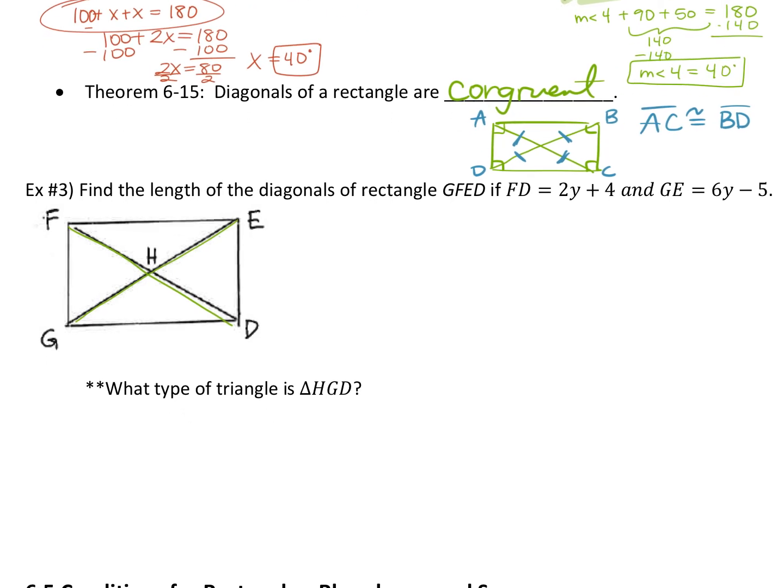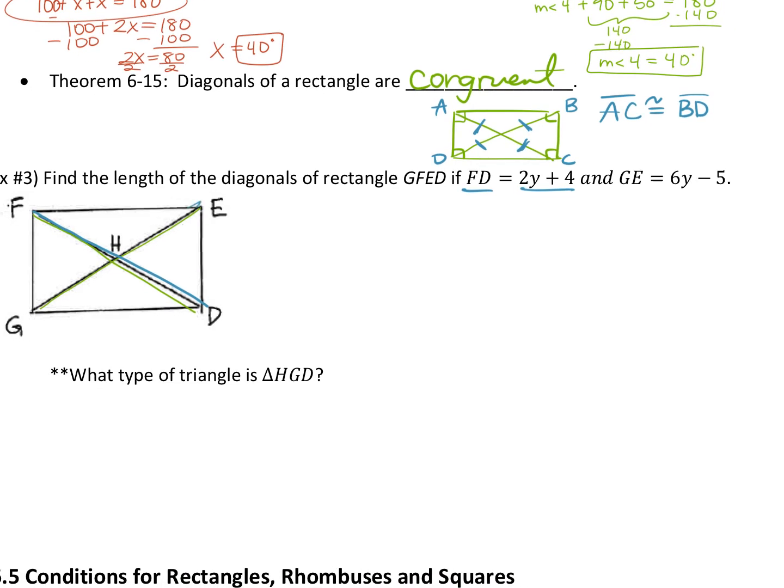So look at this. It says FD, this right here, is 2y plus 4. GE, this right here, is 6y minus 5. What do you do with those 2 expressions? Set them equal.